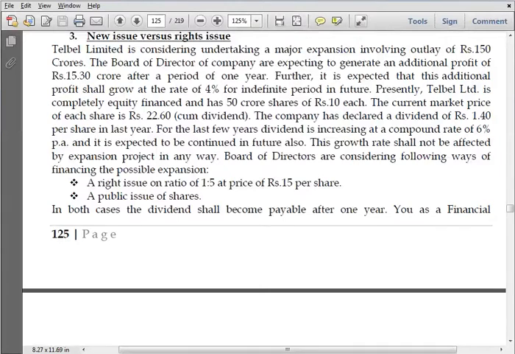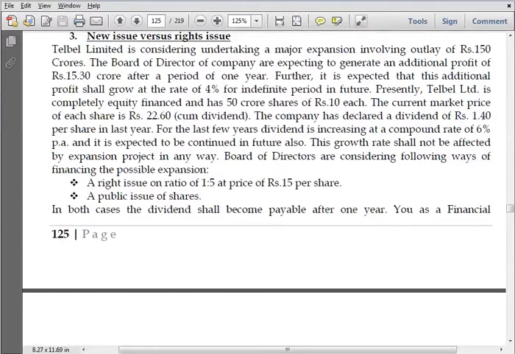P0 is equal to D1 divided by K minus G. This is the formula for Gordon's model, technically called the present value of growing perpetuity. So the value of the project today is the year 1 cash flow divided by cost of equity minus 4%.